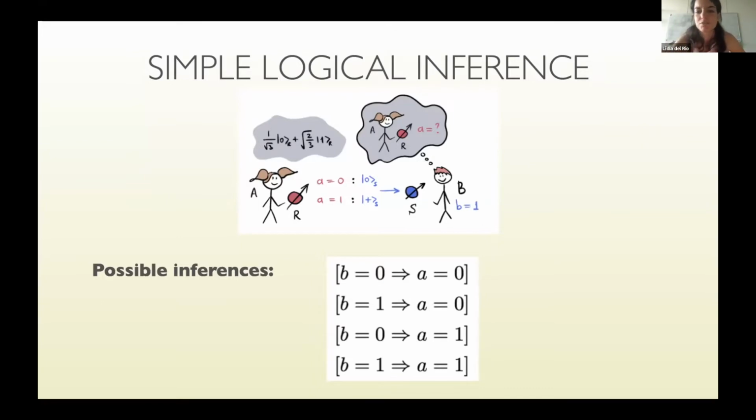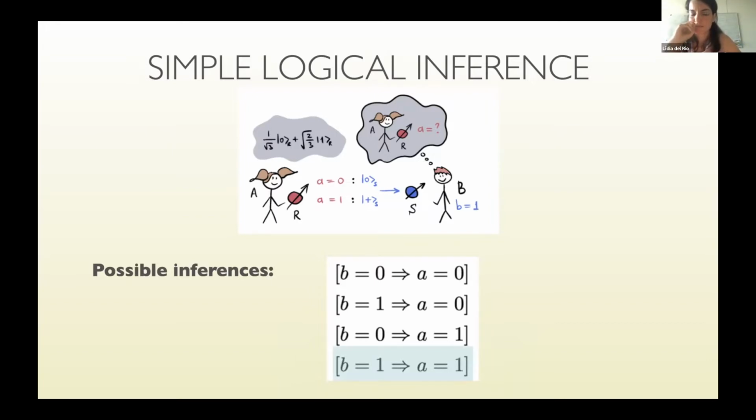If he obtains outcome 0, that should be compatible with the system S being in state 0 or in state plus. So he cannot say anything; he cannot make any of these inferences. But if he measures 1, then he knows for sure that system S could not have been in state 0, it must have been in state plus, which means that Alice must have obtained outcome 1. This is the only inference that Bob can make with certainty.